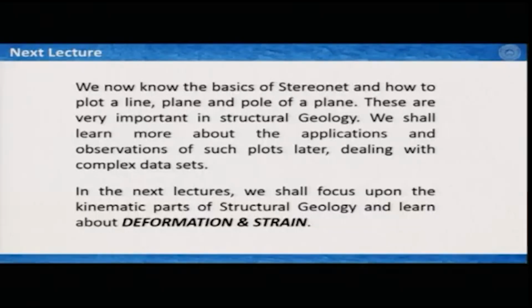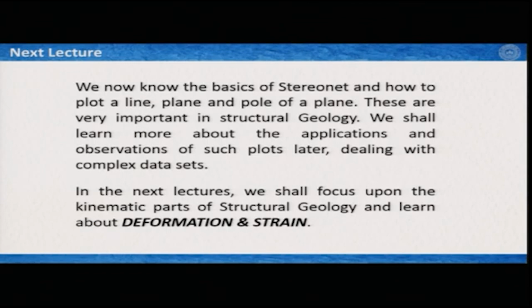What we have learnt today in this lecture are the basics of stereo net, different components of the stereo net, and we learned 3 very basic plottings: how to plot a line, how to plot a plane, and how to plot the pole or normal of a plane.